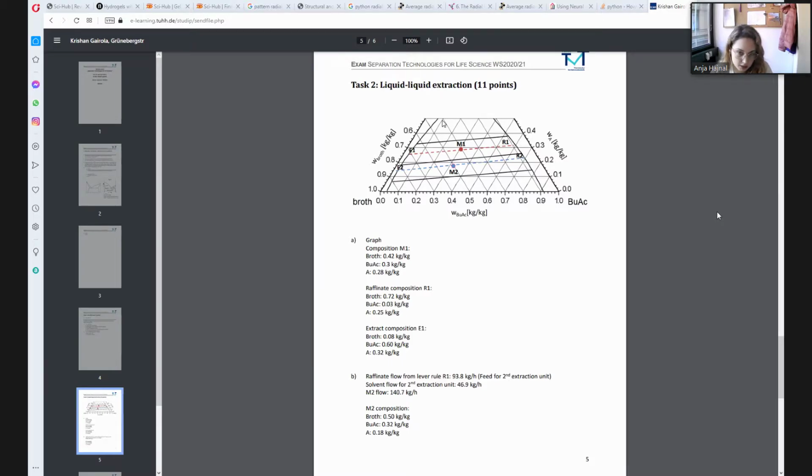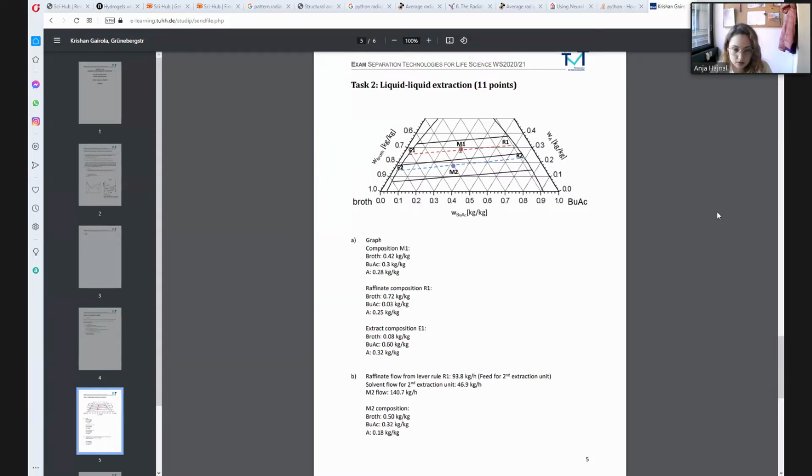And here, if we could see the whole diagram, you would see it's going to be 0.40 something. Since these three need to sum up to 1, we can also calculate, instead of reading the diagram, that the mass fraction of the broth in this feed is 0.42.